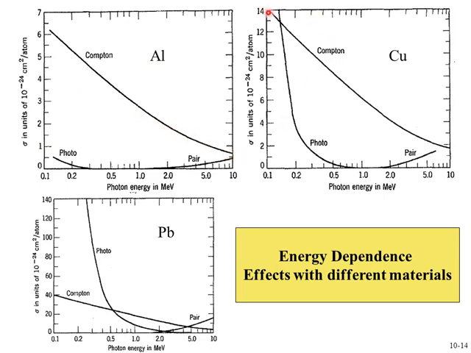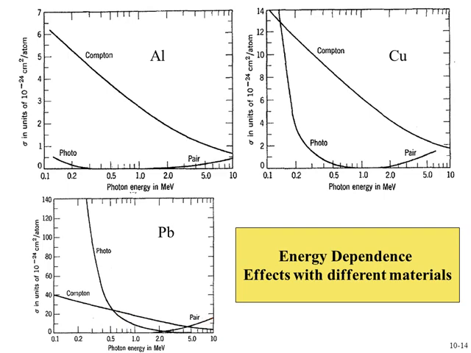For copper, the photoelectric effect is higher at the lower energies. And then for lead, the photoelectric effect dominates at the lower photon energies. The Compton effect is dominant in the middle energies, and pair production is important at high energies.